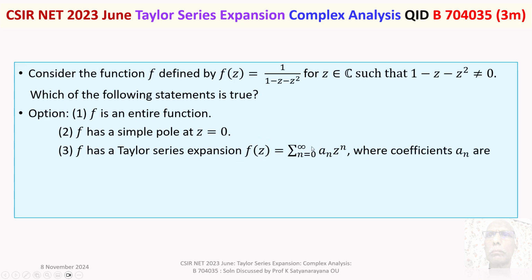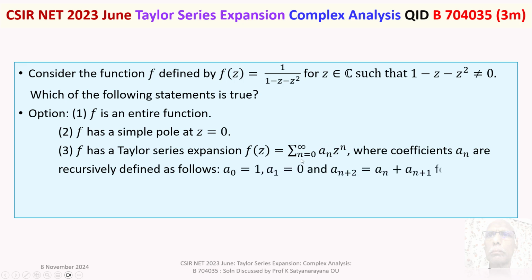f of z is equal to sigma a n z power n, where the summation runs on n is equal to 0 to infinity, where the coefficients a n are recursively defined as follows: a0 is equal to 1, a1 is equal to 0, and a n plus 2 is equal to a n plus 1 for n greater than or equal to 0.